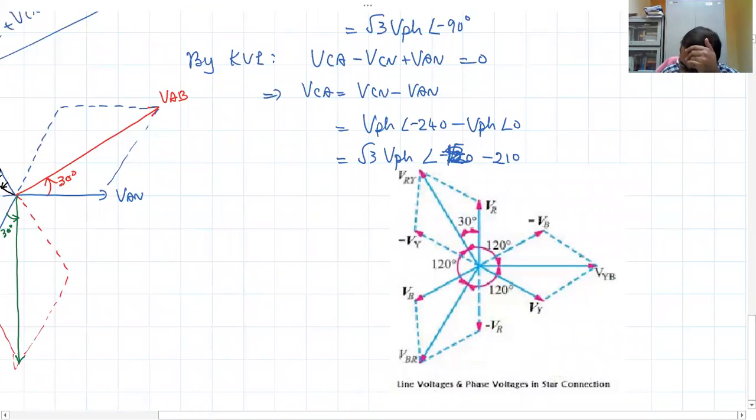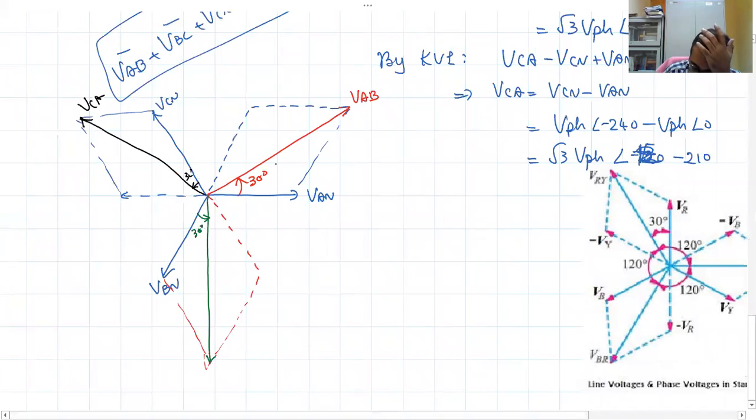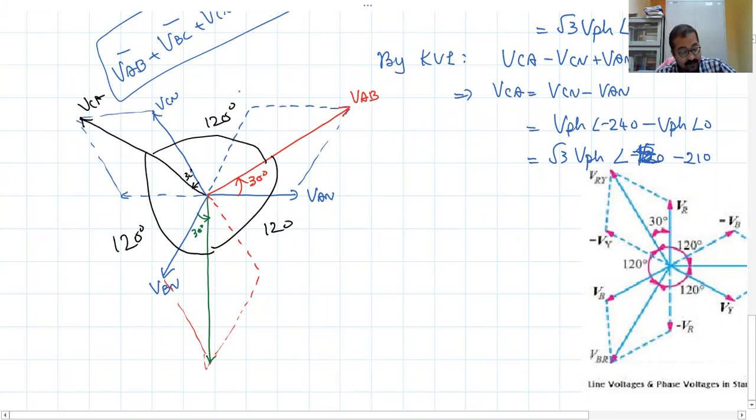So this is VAB, then VBC and VCA. You see the angles between the two line voltages will again be 120 degrees. That means line voltages are also symmetric and balanced.